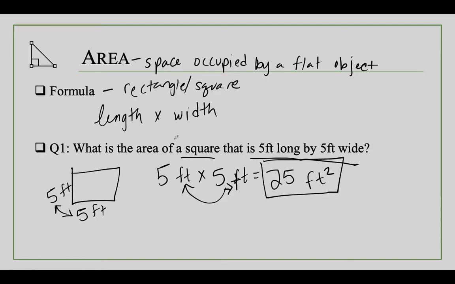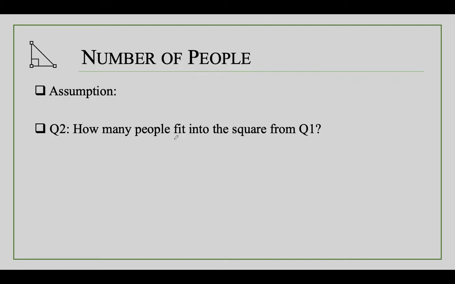So pause the video here if you need time to go over this concept. I need you to remember that number because we are going to look at it in this slide. We're going to try to count the number of people we could possibly fit into this square. But in order to figure that out, we have to have an assumption or a rule of thumb for how much space a person occupies.